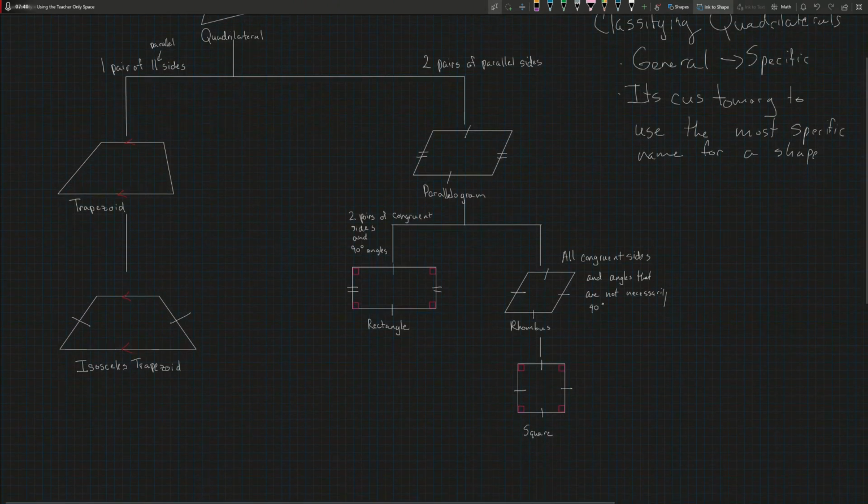So I'm not going to sit here and keep calling this square a parallelogram. If it's possible, you should always use the most specific name for the shape.